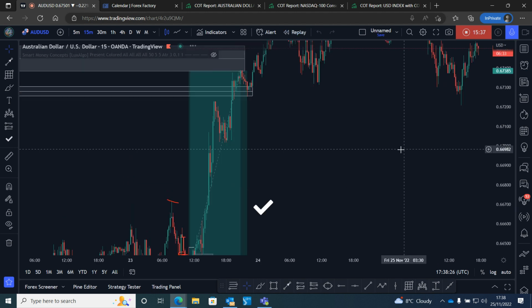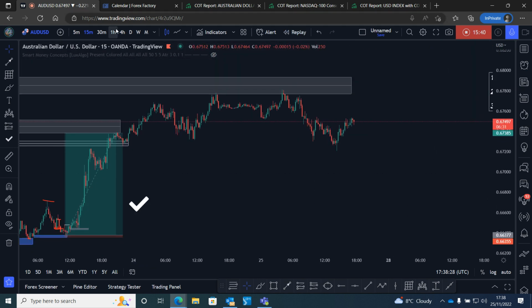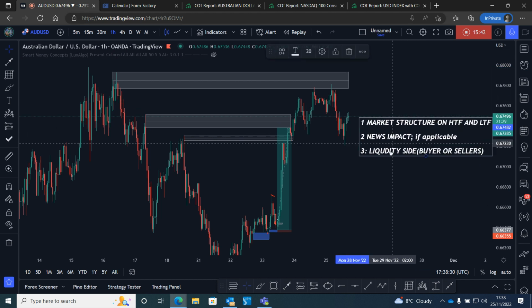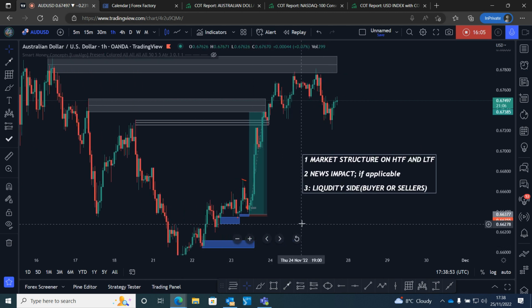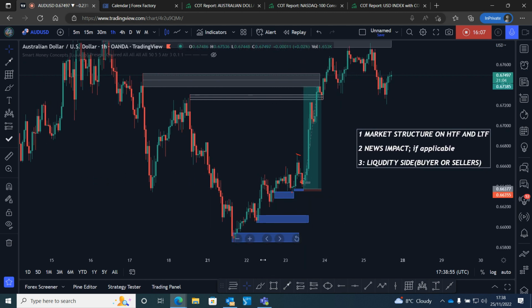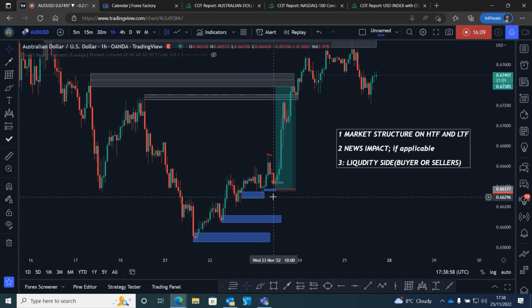First of all, identifying the market structure on the higher time frame and lower time frame, most importantly, because this will give you an idea of how the market is moving, and finding any news that might affect the currency you're planning to trade, and identifying the liquidity side, meaning identifying order blocks and areas where price is at a discount when looking for buys.